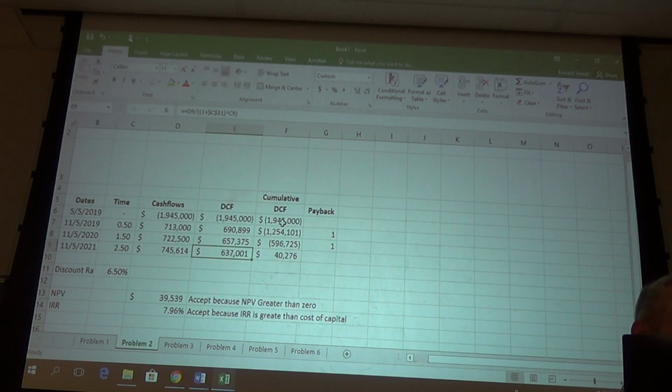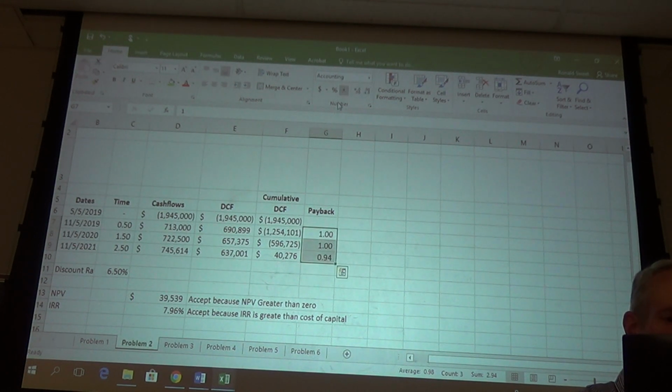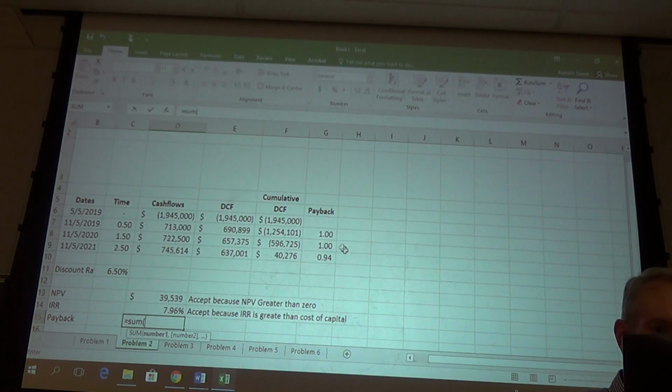In a year, we benefited by $637,000. So you just take minus your cumulative divided by this year's cash flow, and that gives you your payback. So your payback is just the sum of those. So 2.94 years.